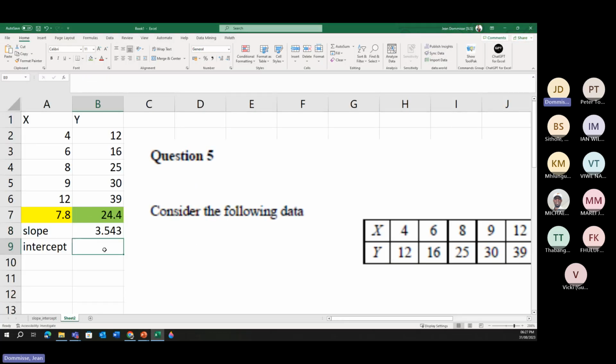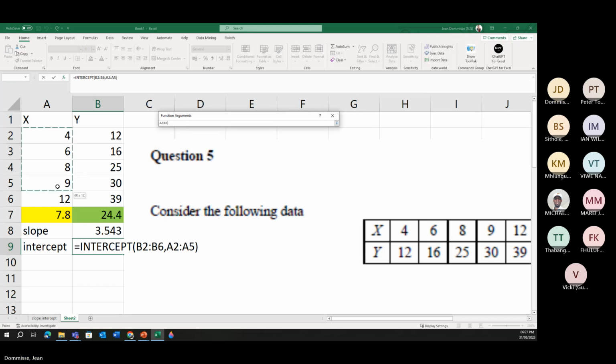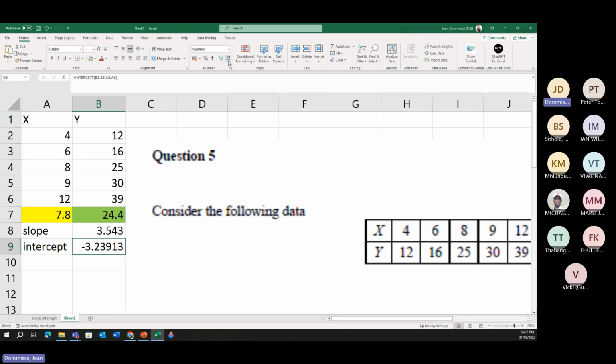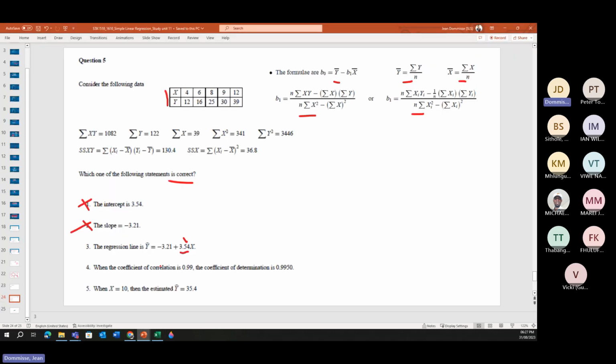Let's look at the intercept. Again, intercept y is first, x is second. So intercept, and let's round it also off to, we'll see now. So minus 3.24. Okay, minus 3.1. 3.21.